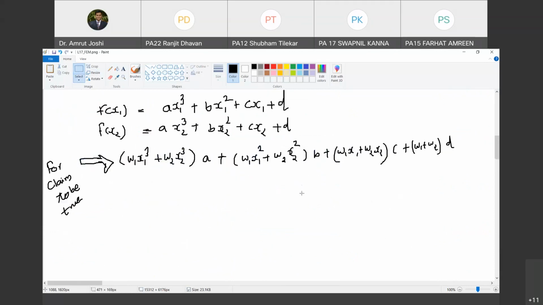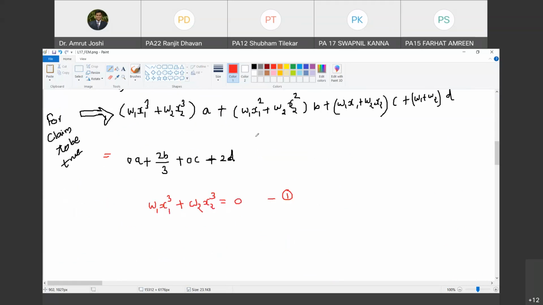So this has to be equated to the exact solution if the claim needs to be true. And if this has to occur, there is no other go: the coefficients of a, b, c, d must be equated. Do you agree with me? So w1 x1 cube plus w2 x2 cube must be equal to 0. Agreed? Yes, sir. This is equation number 1.